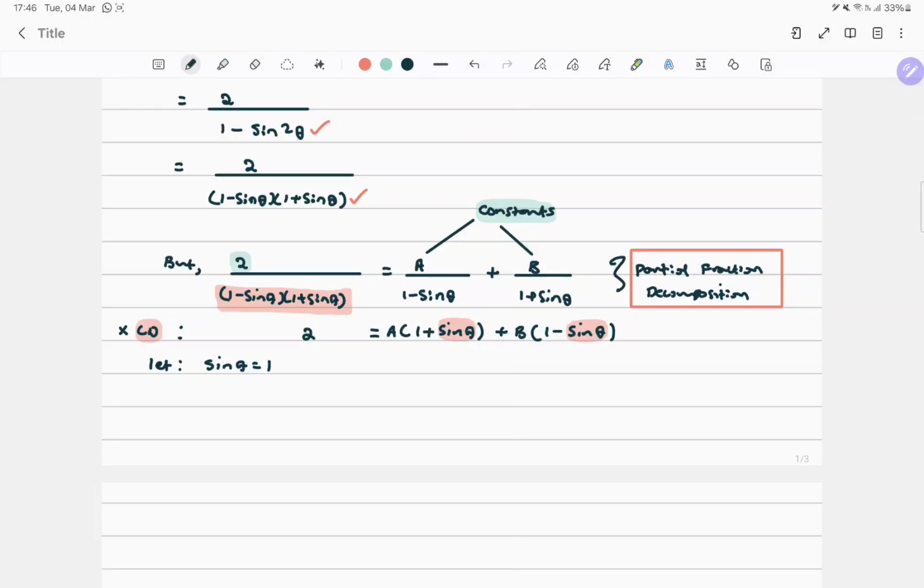So if sine theta is 1, this implies that 2 is equal to a into 1 plus 1 plus b into 1 minus 1. Now, can you see we've killed this because this is 0. 0 multiplied by any number is 0. So this is out. This implies that 2 is equal to 2a. Therefore, our a is 1.